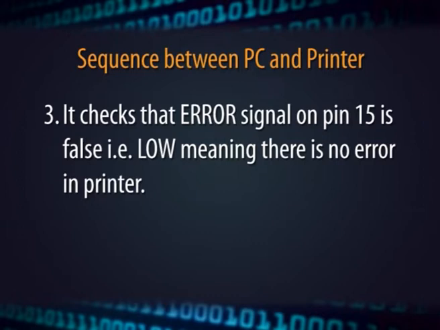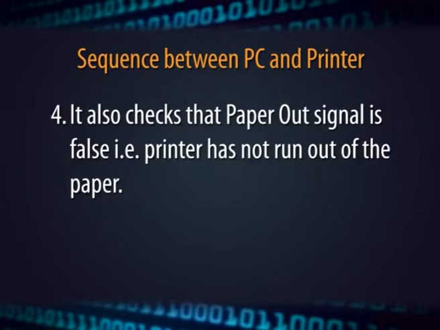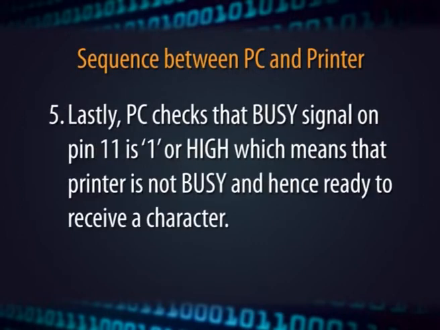It checks that the error signal on pin 15 is false, that is low, meaning there is no error in the printer. 4. It also checks that the paper out signal is false, that is, the printer has not run out of paper. 5. Lastly, the PC checks that the busy signal on pin 11 is 1 or high, which means that the printer is not busy and hence ready to receive a character.